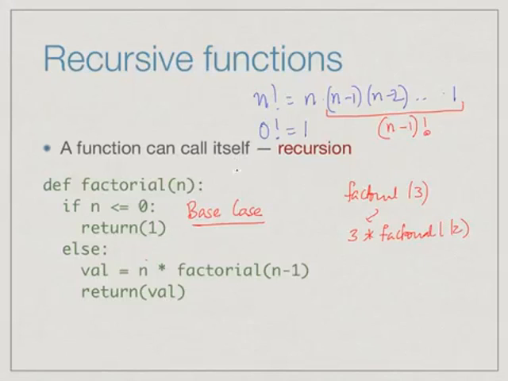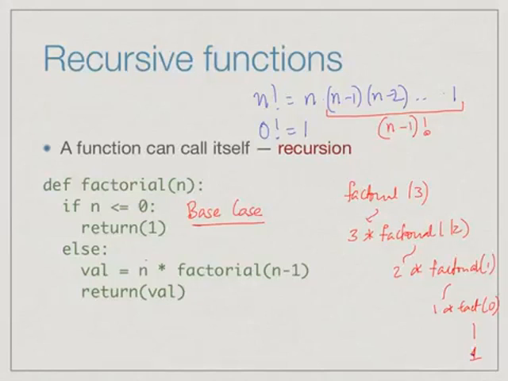So that will invoke this function again, and this will give me 2 times factorial of 1 and so on. So factorial of 1 will give me 1 times factorial of 0. And the point is that factorial of 0 will now terminate and it will give me 1, because it says that if the argument is less than or equal to 0, return 1.